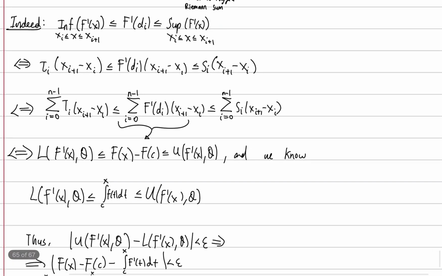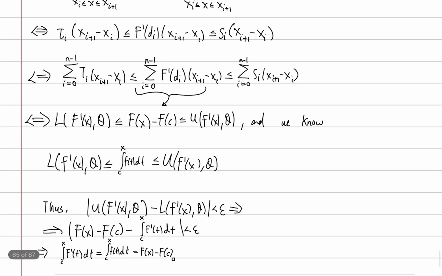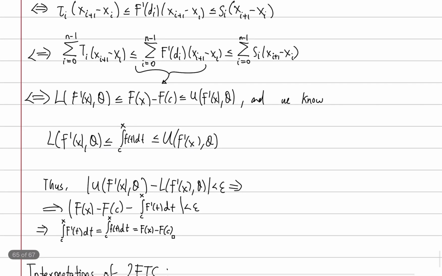And we know that the actual definite integral is always going to be above the lower sum, but below the upper sums, right? That's kind of how we wanted to define it, and we can show that's true. Thus, since it's Riemann integrable, we can make the distance between the upper and lower sums smaller than any positive epsilon by choosing some partition Q, right?